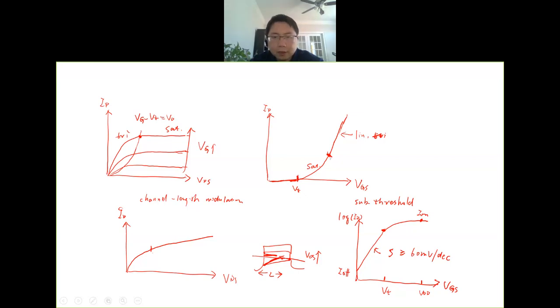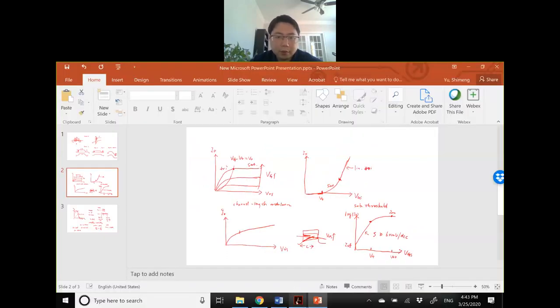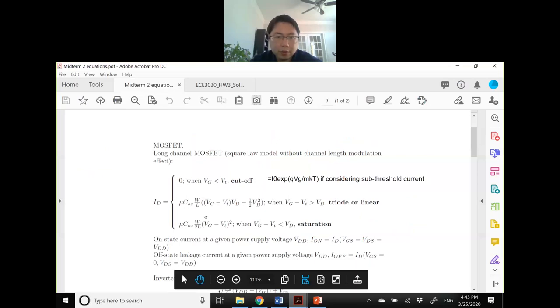And another turning point here is where the curve becomes linear. After here is linear. So this will be the triode region. So in between here is the saturation region. So this is ID versus VGS. So those two plots are following the first order equation as we show here.